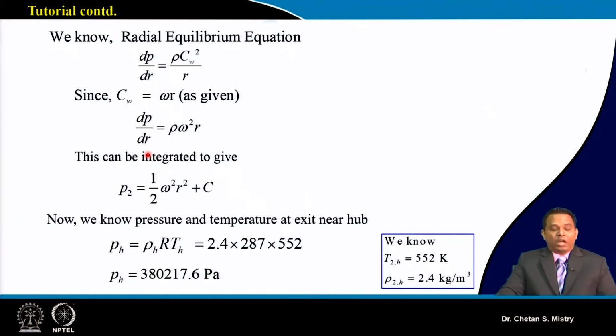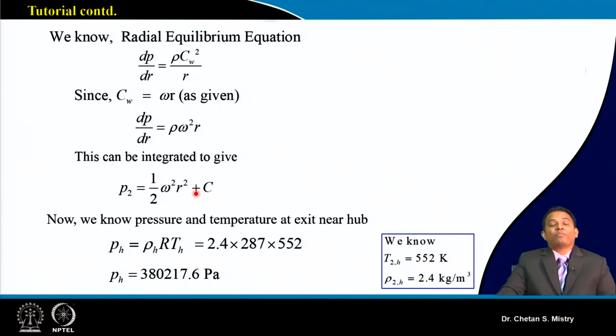Now in order to calculate my pressure, we can integrate this equation. On integration, my pressure is given by half rho omega square r square plus some constant c. This is the integral constant. And as we have discussed, our static density and static temperature at the hub are known to us.